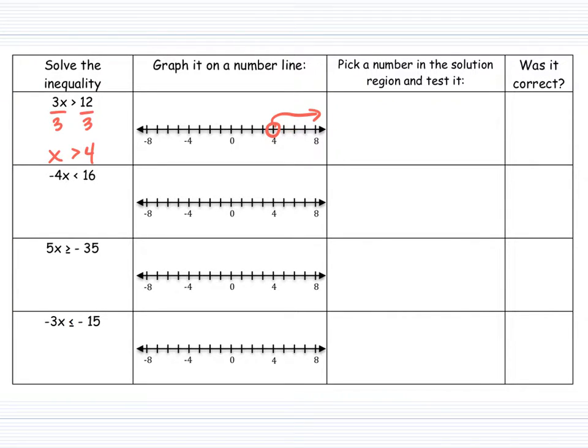I'm going to go back to my original inequality, so 3, and then instead of x, I'm going to put 5, is greater than 12. 3 times 5 is 15. So I have the inequality 15 is greater than 12, and that is true. 15 is, in fact, a greater number than 12. So here's where I would pause and try a few of these for yourself.